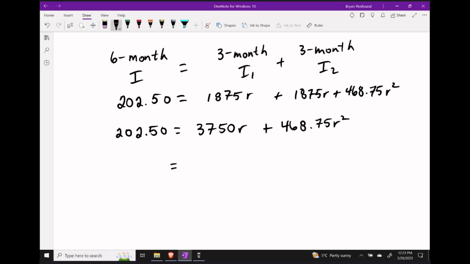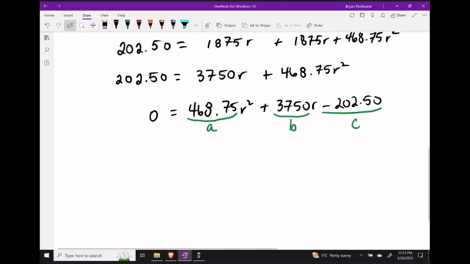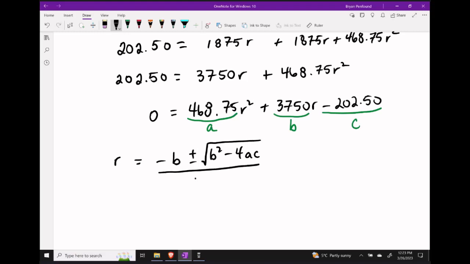So I'm going to subtract 202.50 from both sides and reorganize the terms inside of this equation to make it easier to use the quadratic formula. So let's label our coefficients as a, b, and c. And in order to solve for r here, we're going to apply the quadratic formula, which is negative b plus or minus the square root of b squared minus 4ac, all divided by 2 times a.